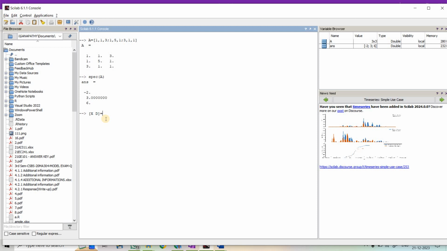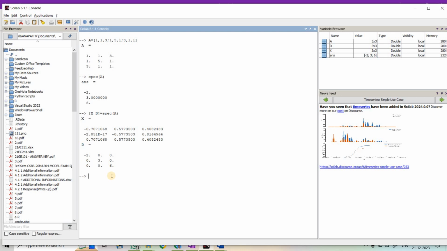That's why I am closing with the square bracket and equal to spec of A. This must be the code syntax to find the eigenvector matrix and diagonal matrix. If you press the enter button, we get the answer. We got the eigenvector and diagonal matrix.